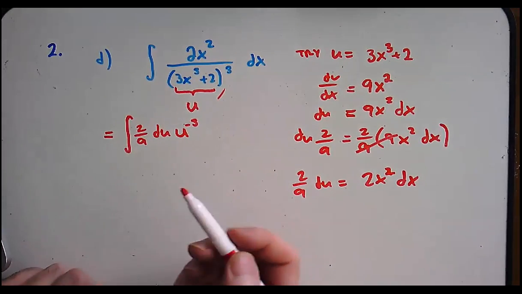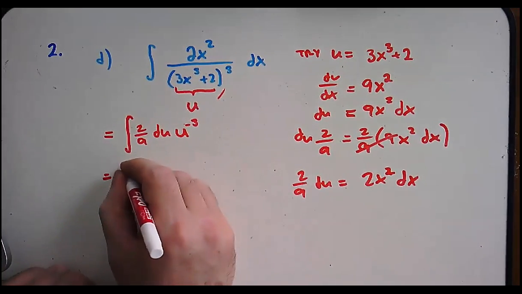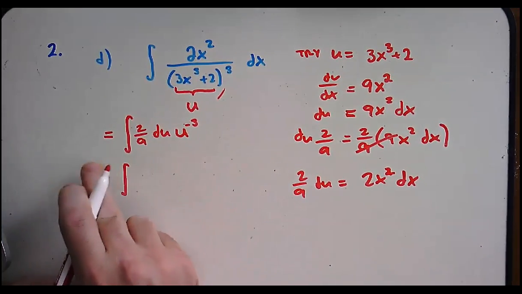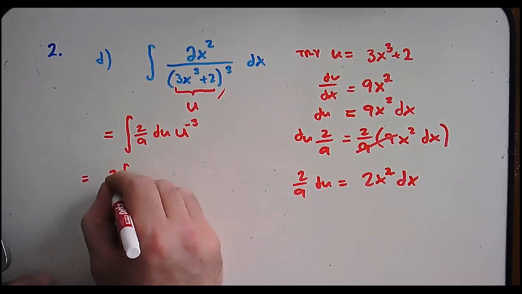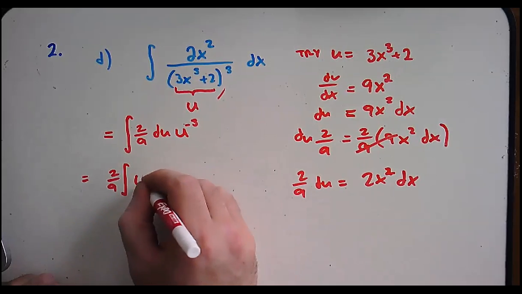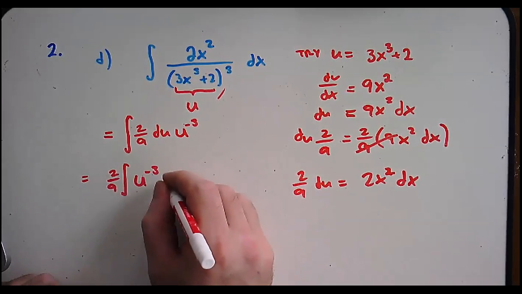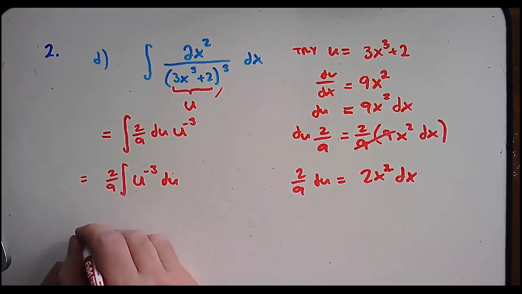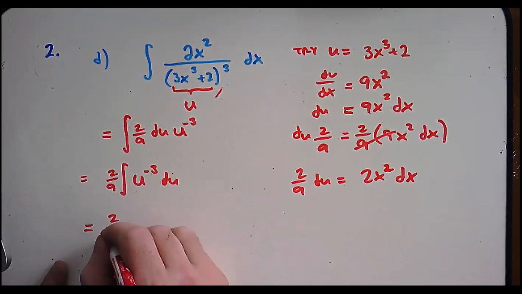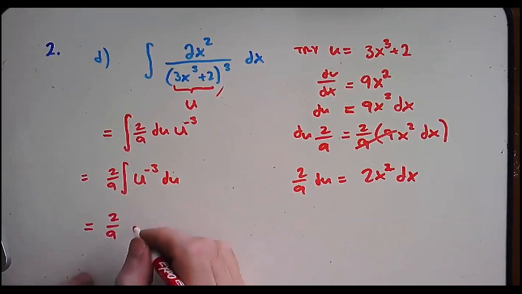This is a little bit of a weird way to write it. Almost always we have that du at the end. So I'm going to do a couple things when I simplify this. I'm going to pull that 2/9 out in front and just have it as the integral of u to the negative 3rd du. Right, and that looks like something we can do. That looks like a basic antiderivative problem. So then our answer, still got the 2/9.